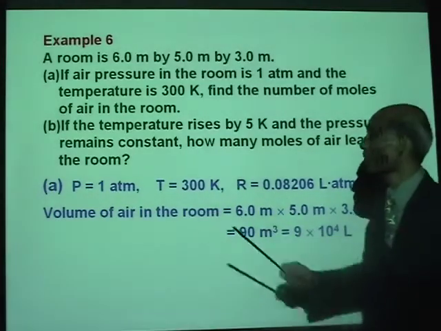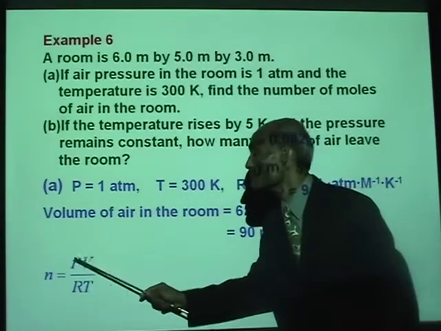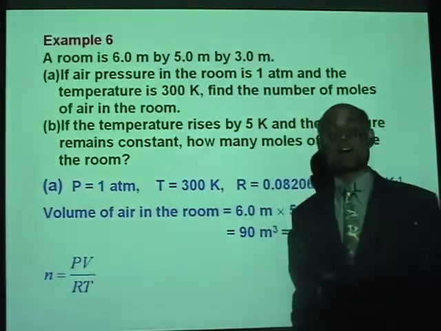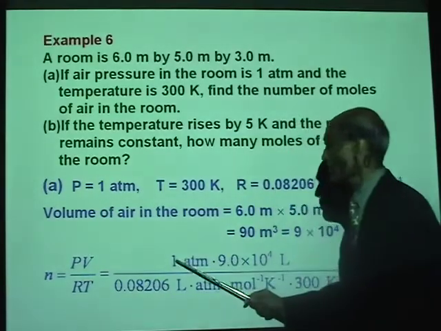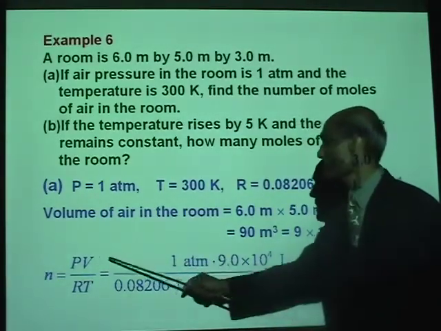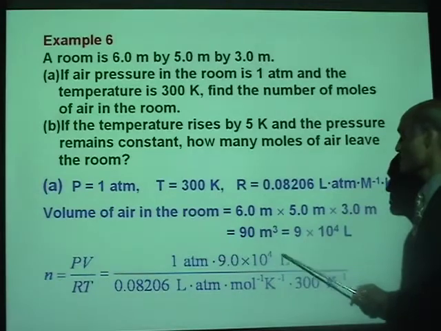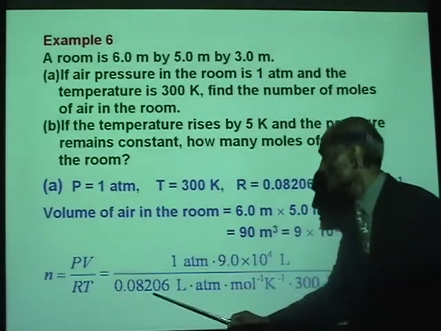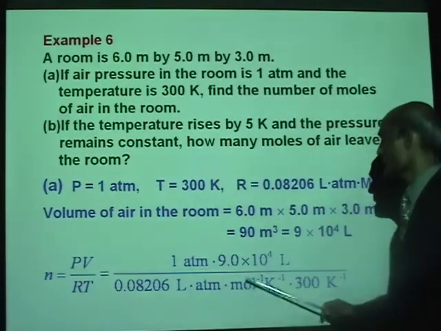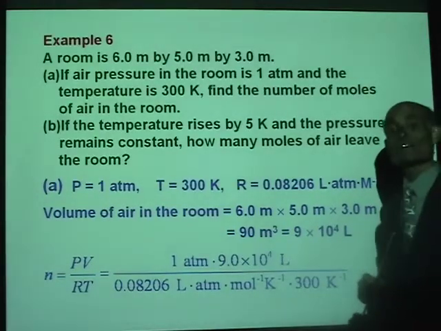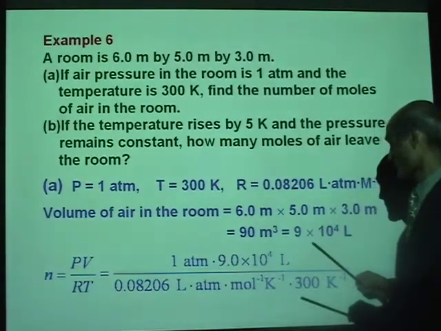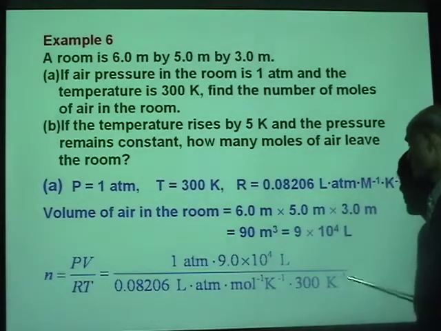Okay, now we use all these values. N equal to PV divided by RT. P is 1 atmosphere. V is 9 times 10 to the 4 liters. R is so many liter atmosphere per mole Kelvin. Temperature is 300 Kelvin. Well, I have a small problem there.